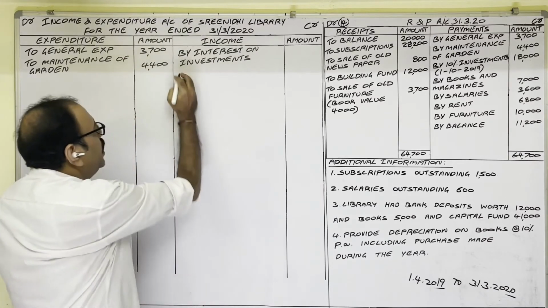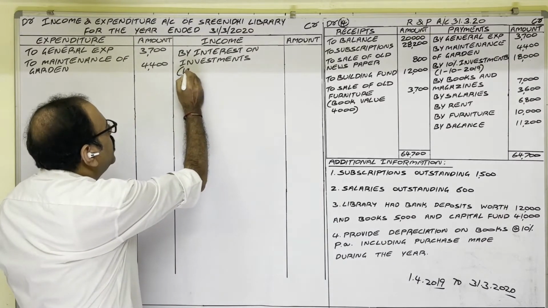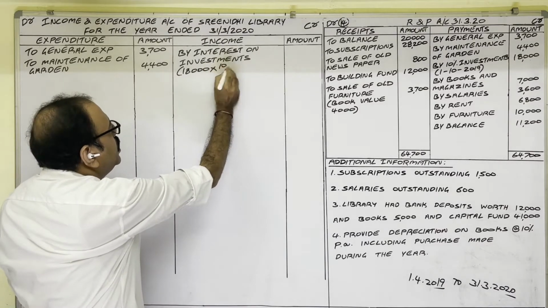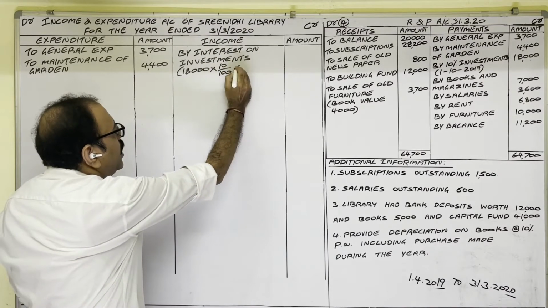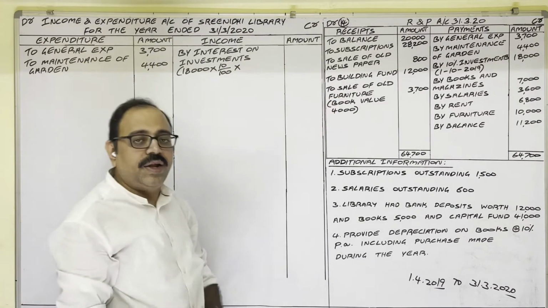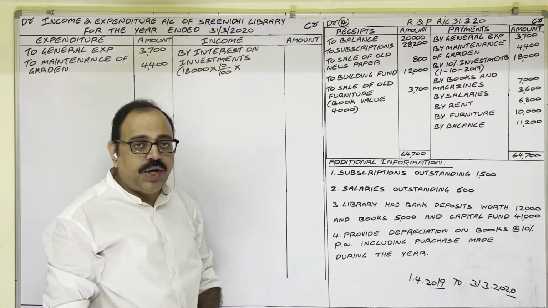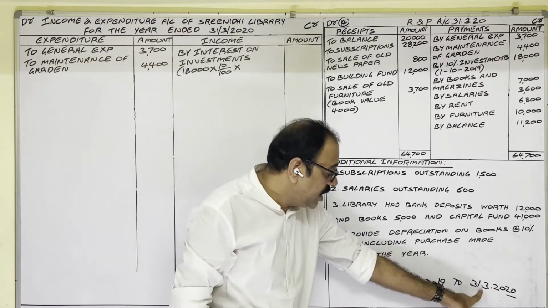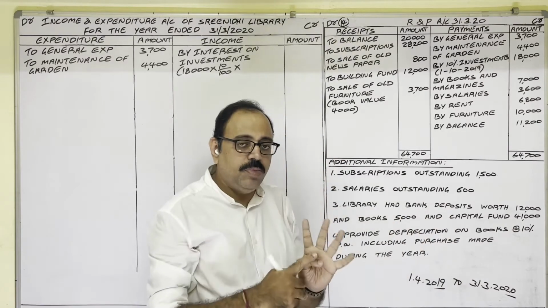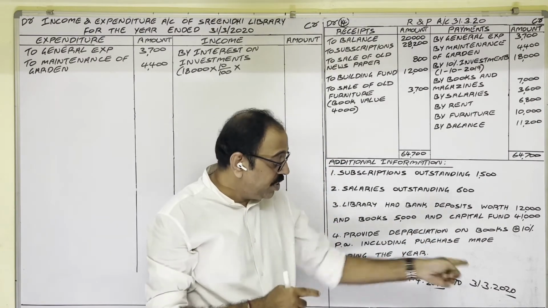How to calculate that? Investment value 18,000. On this, 10% interest should come. And we invested on 1st October 2019, so from that day to the year end date, 31st March 2020, how many months? 6 months: October, November, December, January, February, March.